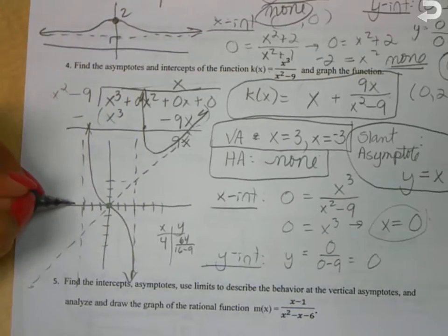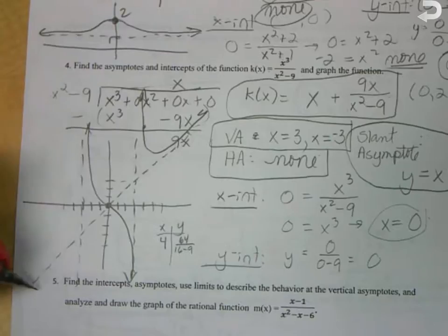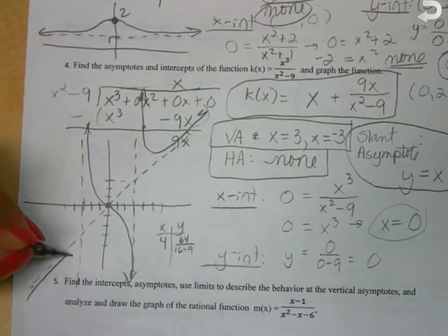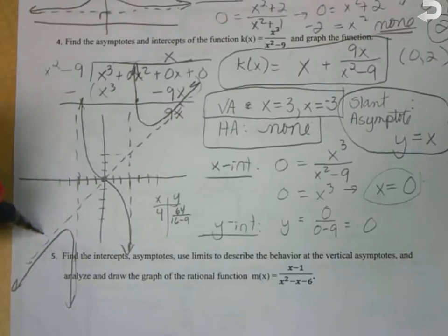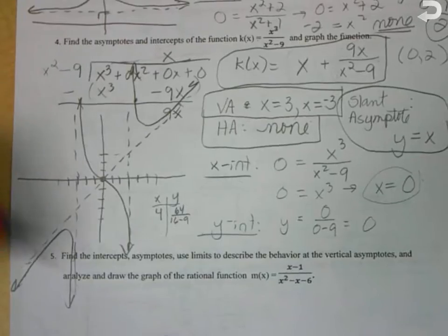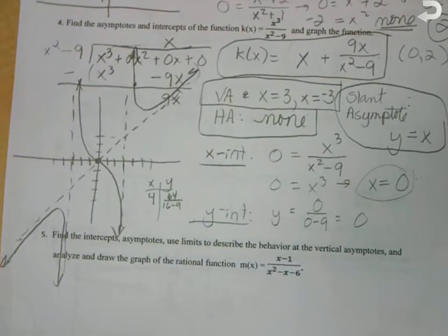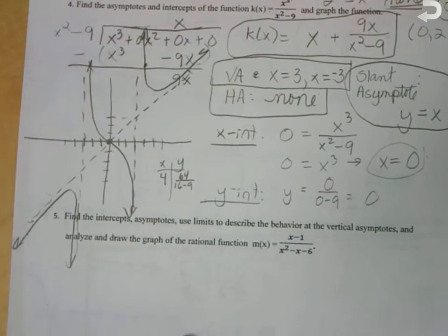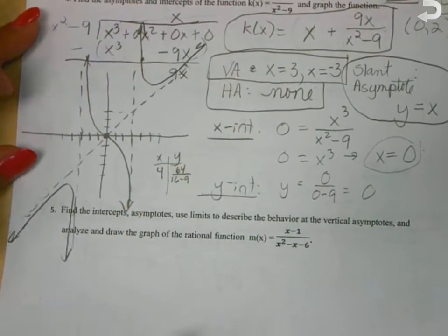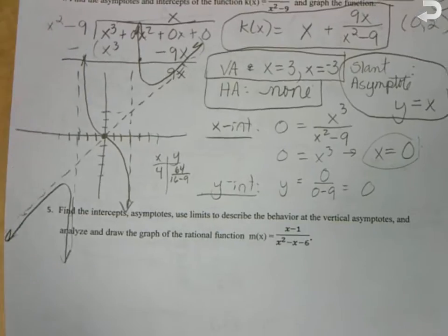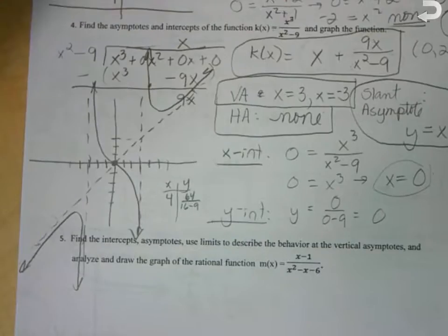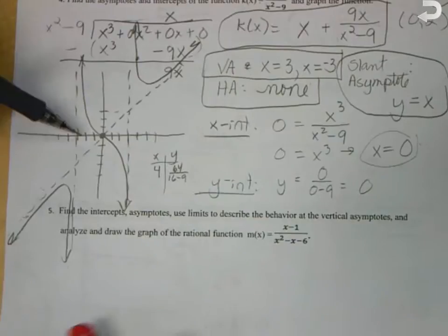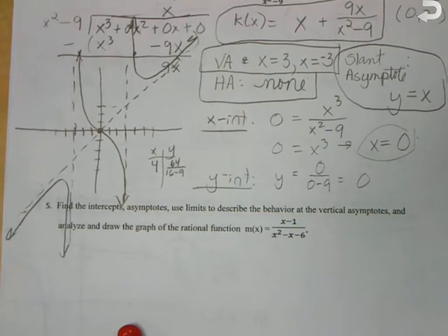As I plot more points, I would find that my graph would be contained inside here. Likewise, if I plot some points over here and plug in -4, -5, -6, etc., I'll find that this asymptote is causing the graph to stay confined within these two branches of the slant asymptote and the vertical asymptote.